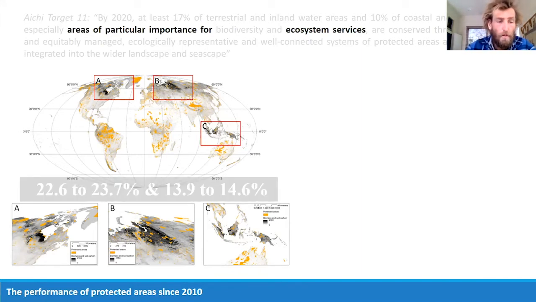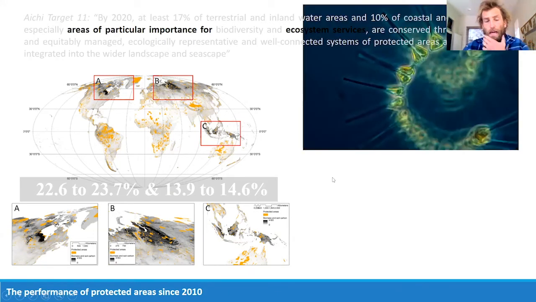But on average, about 24% of biomass carbon was inside protected areas by 2020, and around 14.5% of soil carbon was within protected areas by 2020. So just slightly more than random for the biomass carbon and less for the soil carbon.